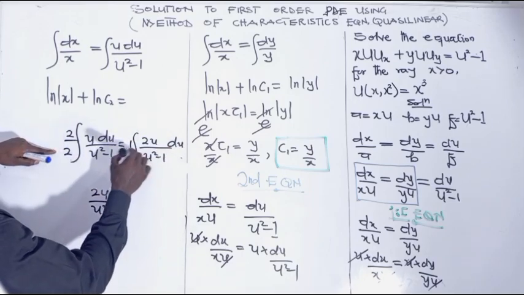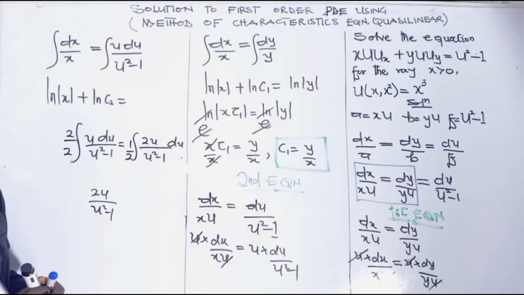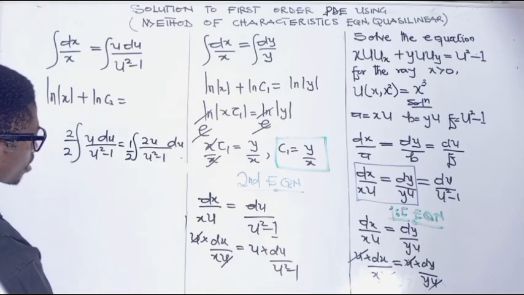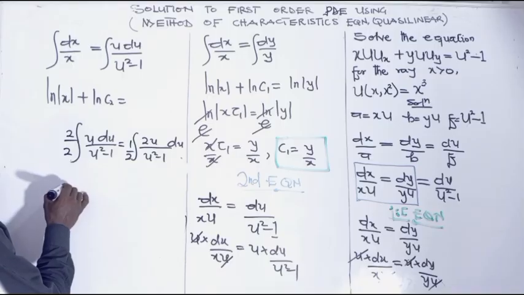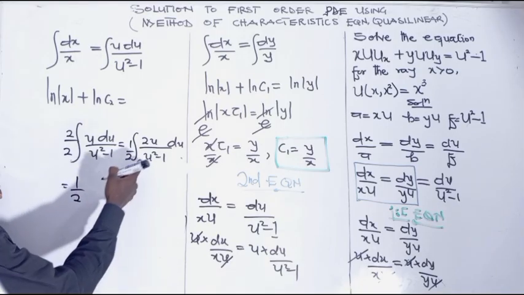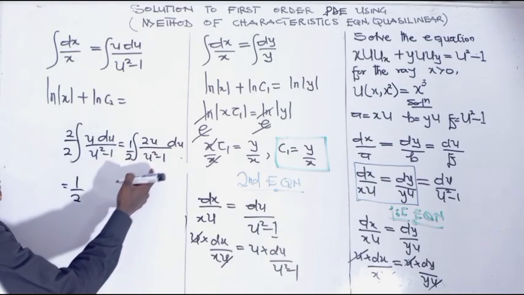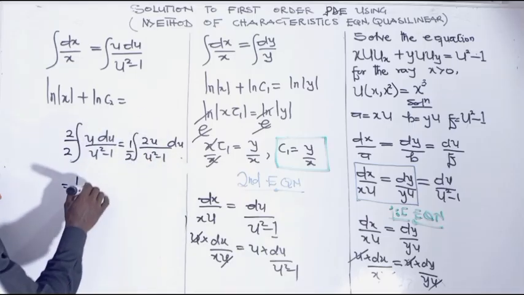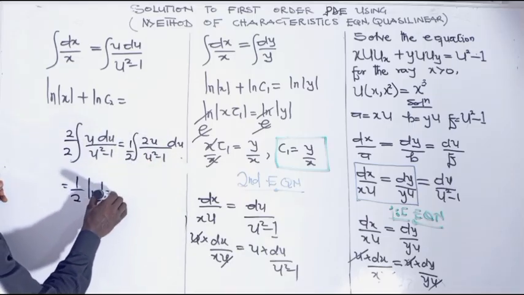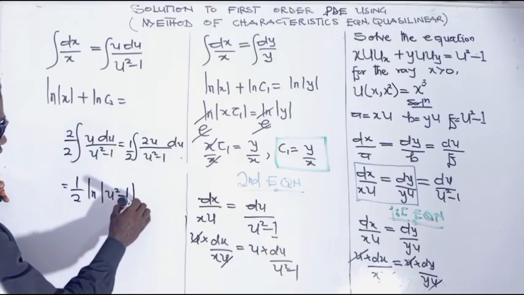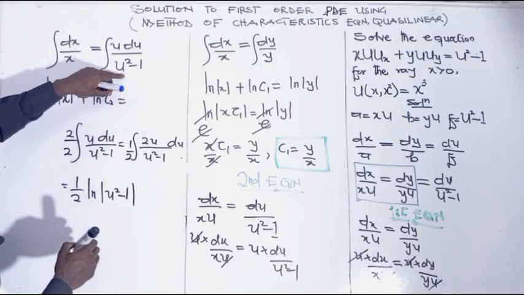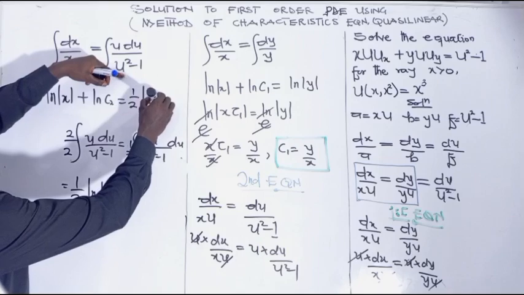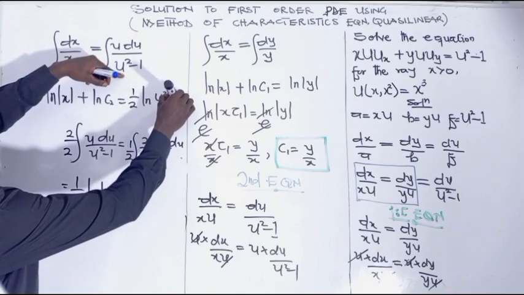So we are going to bring it in front so that we have 1 over 2. Now when we integrate 2u du all over u squared minus 1, we have a function and its derivative. So we are going to have ln of that function, u squared minus 1. Very, very interesting. So with this, we are going to have 1 all over 2 ln u squared minus 1.